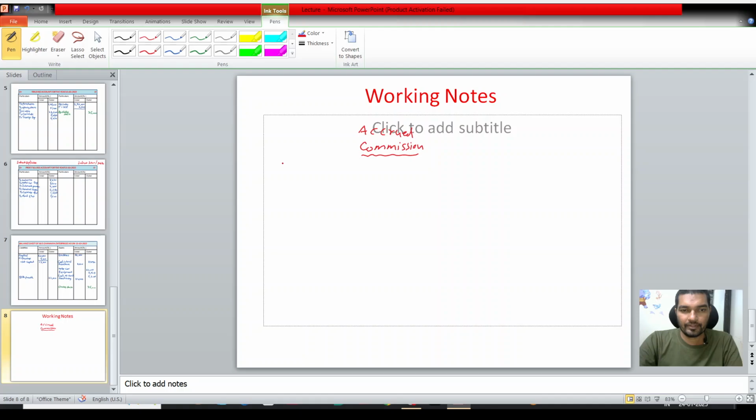Commission paid is an indirect expense, commission received is an indirect income. So this adjustment is related to income. Moreover, accrued commission is not given in the trial balance.